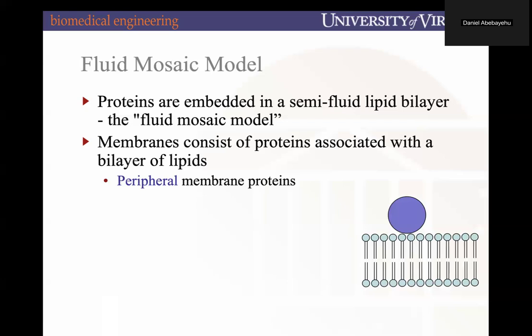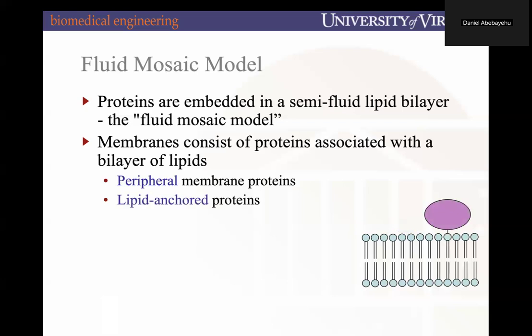Yeah, electrostatic or ionic interactions driving how this peripheral membrane protein sits on top of the polar head group here. Another class of membrane-associated proteins is lipid-anchored proteins.